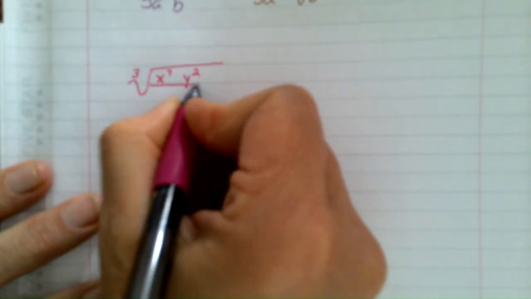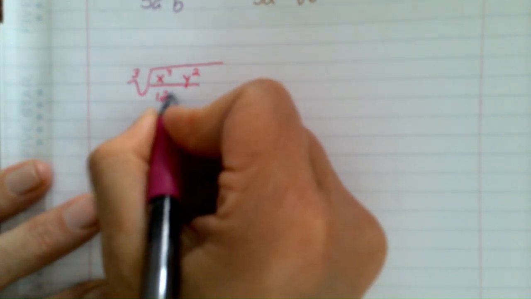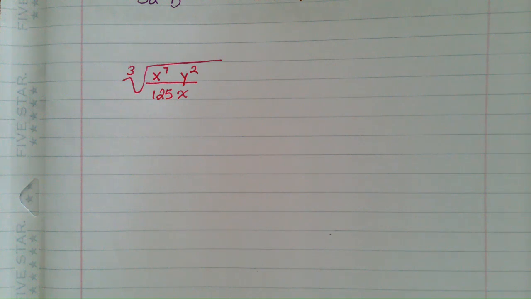Okay, let's do the third root of x to the 7th y squared over 125x. I will not say I always do what we're about to do.